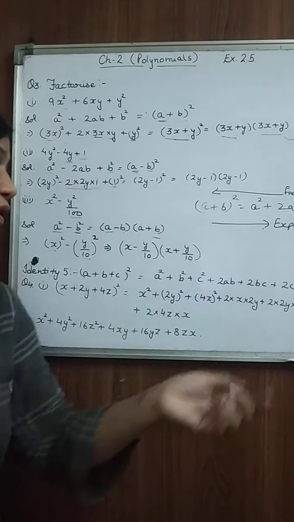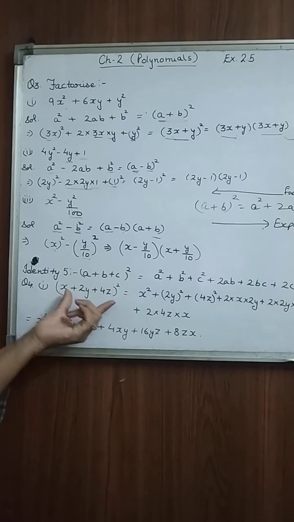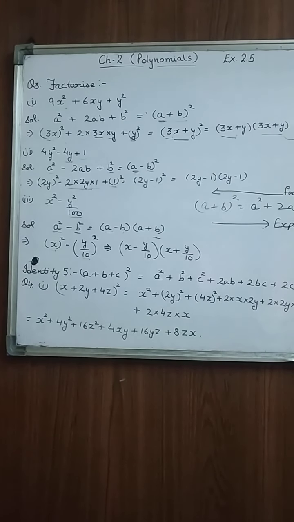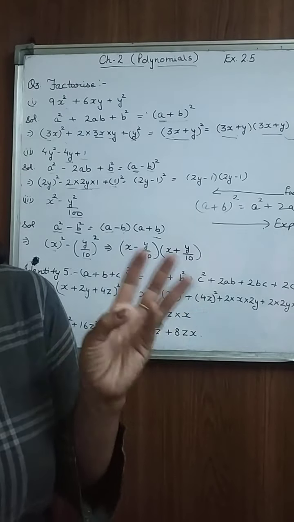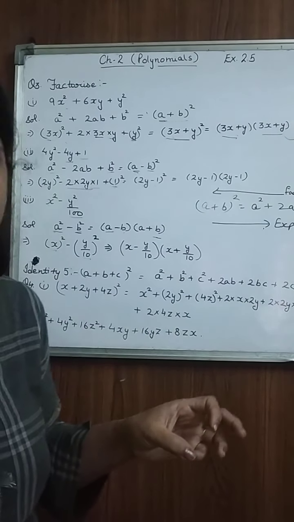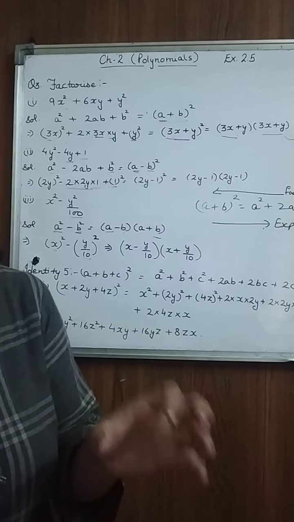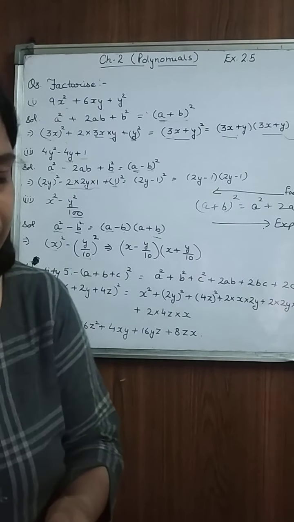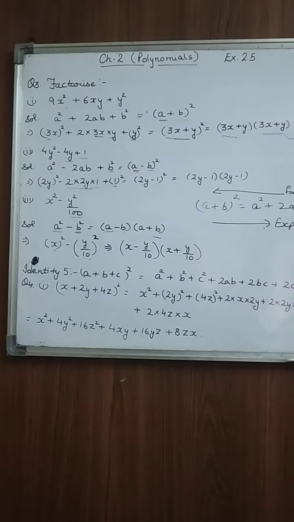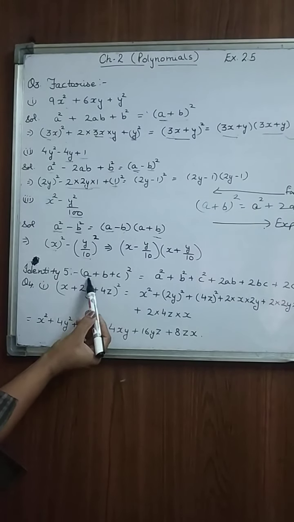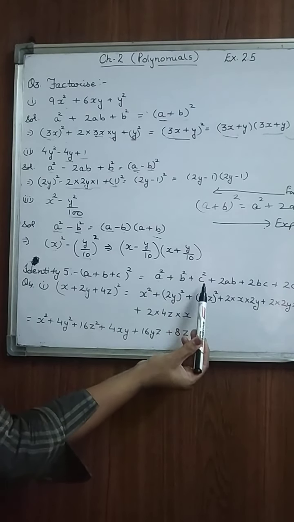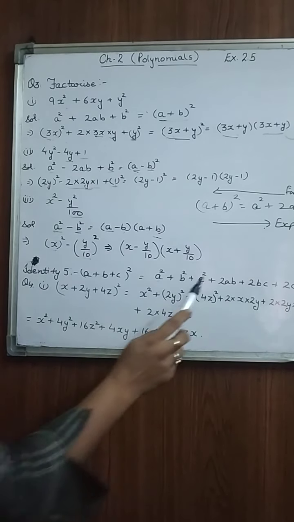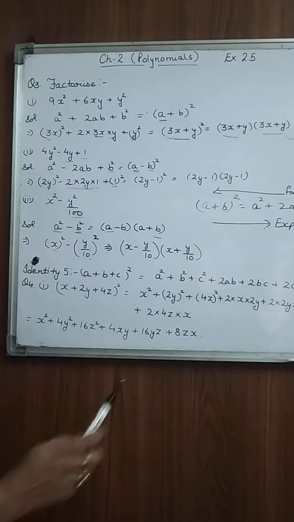Now we need to do the expansion in the fourth question. For that we have to go to a new identity. Till now we have discussed four identities: (a + b) whole square, (a - b) whole square, a square minus b square, and (x + a)(x + b). Now let's come to the new identity 5. It's given to you: (a + b + c) whole square is equal to a square plus b square plus c square plus 2ab plus 2bc plus 2ca.